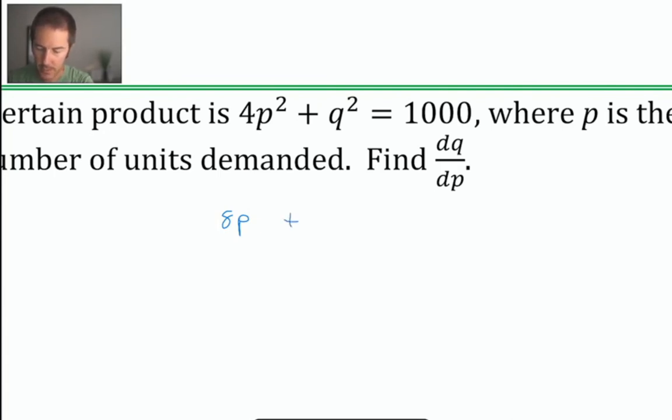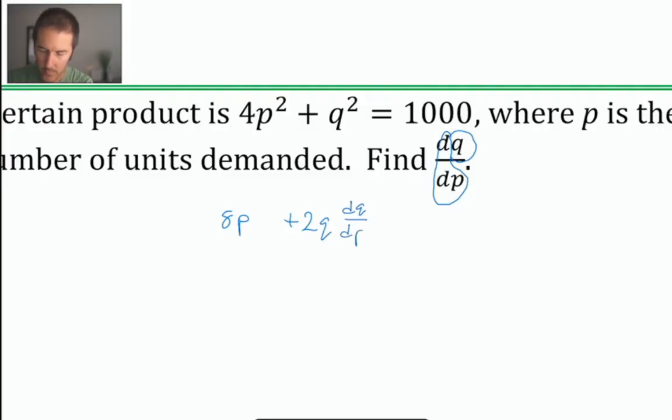Plus, for the term that says q squared, let's take the derivative, multiply the 2 out front, keep the q, decrease the exponent by 1, and now do we multiply by the derivative of q with respect to p? Absolutely. We need d over dp of q. And the right-hand side derivative of a constant is still 0.